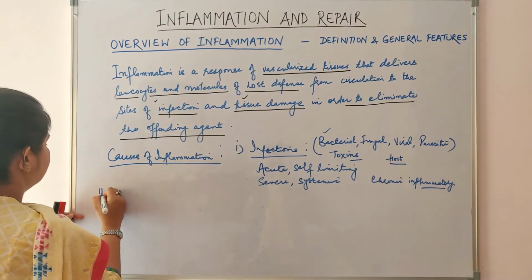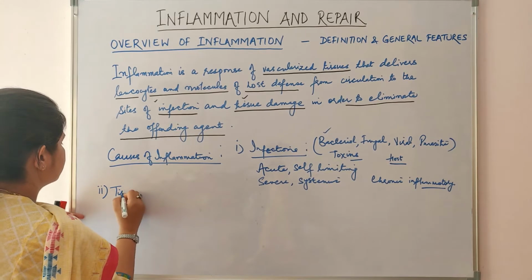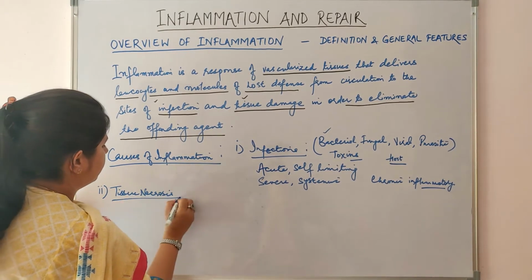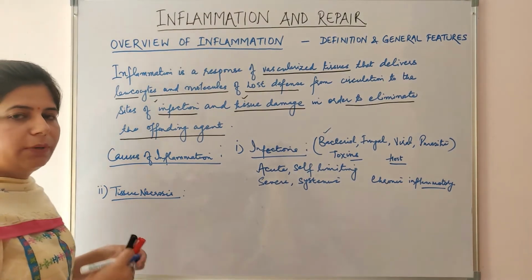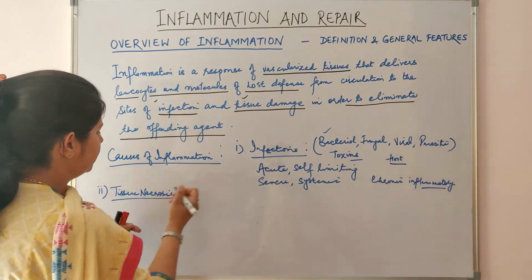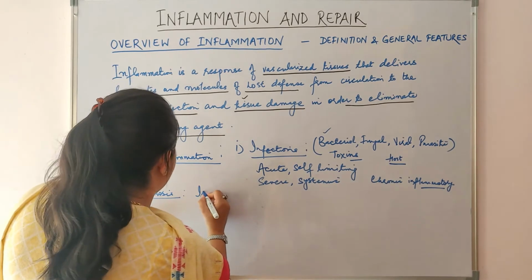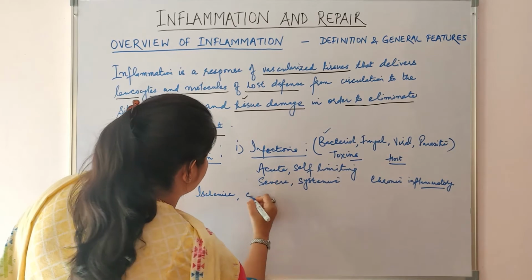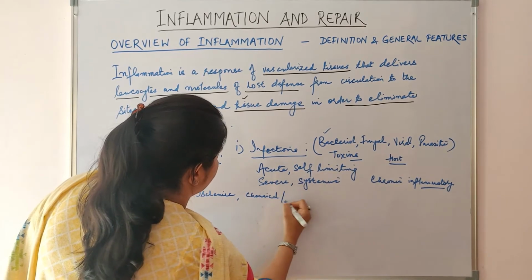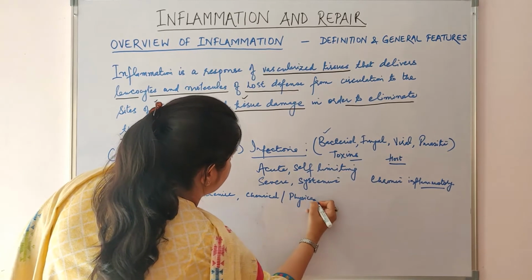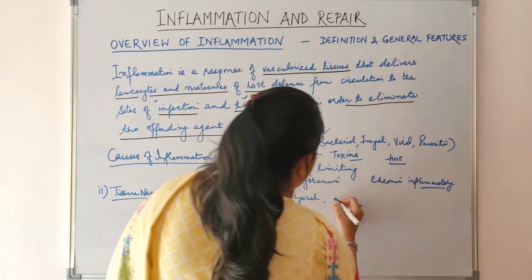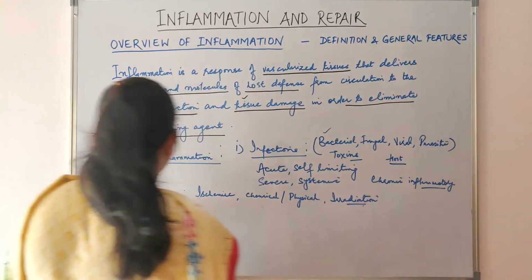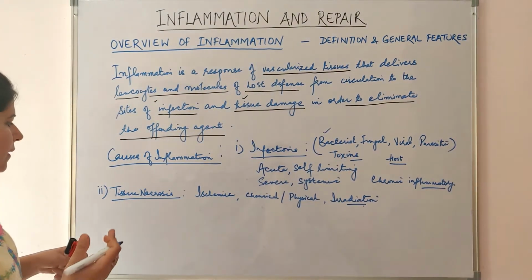Now second is tissue necrosis. In the chapter of cell injury, we have studied about the various causes of cell injury and cell death. So any injurious stimuli like ischemic injury, chemical injury, physical injury or trauma, irradiation, can lead to cell death and necrosis.